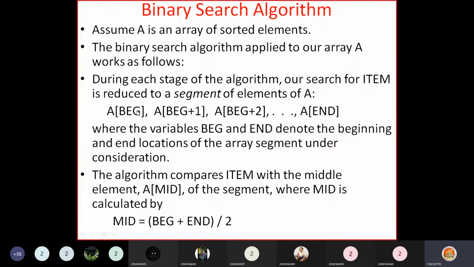For example, if your array contains 10 elements, then end will be 9 and beginning will be 0. Like this we calculate the mid value, beginning plus end by 2. Then we compare whether the item to be searched is equal to A of mid. With the middle element we'll compare every time.